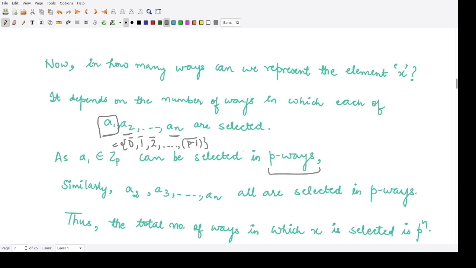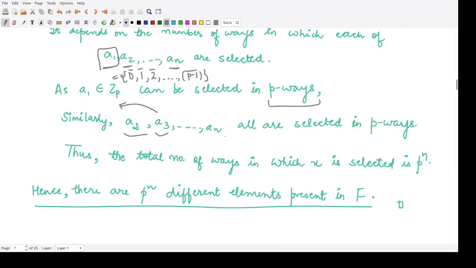So a1 is selected in p ways, similarly a2 would be selected in p ways, similarly a3, which also belongs to Zp, is also selected in p ways. Overall we have n elements, all chosen in p ways.